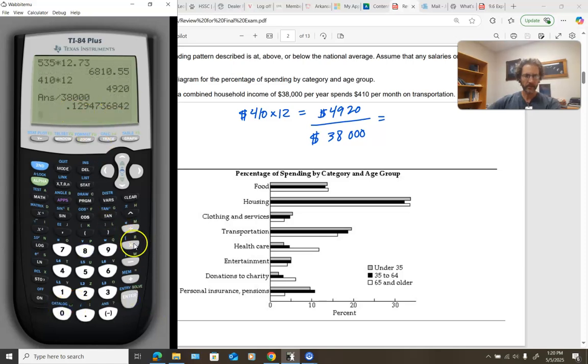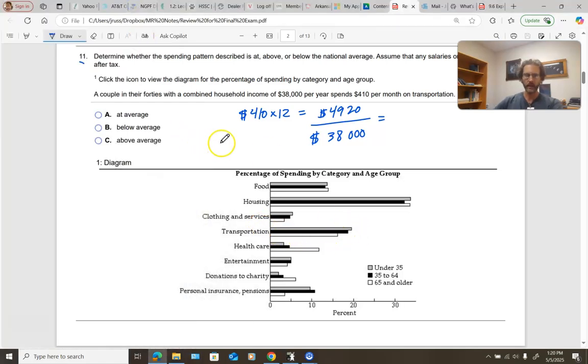Okay, so this is my decimal. If I multiply it by 100, that'll convert it into a percentage. And guys, they're spending a little bit shy of 13% on transportation. So the average is actually close to 20%, so they're spending below average on transportation. Okay.